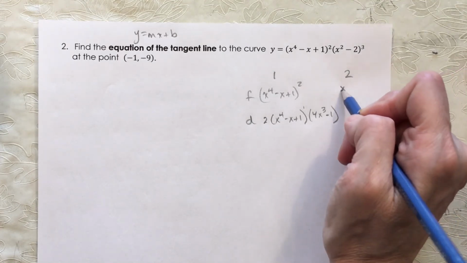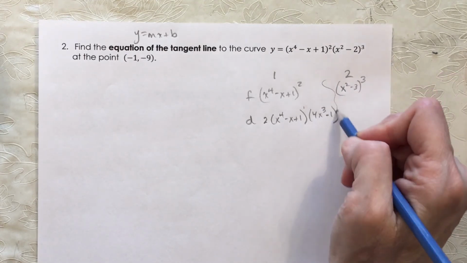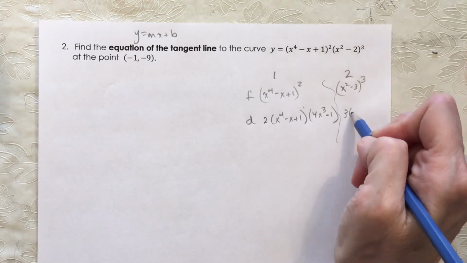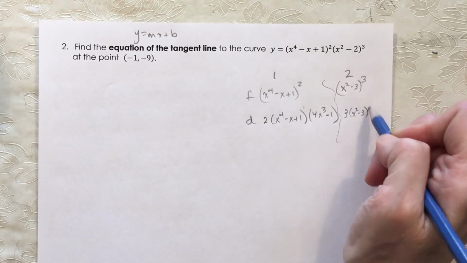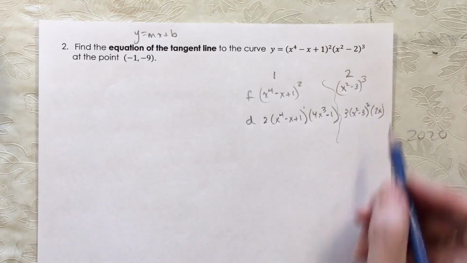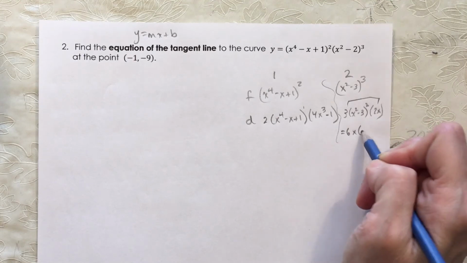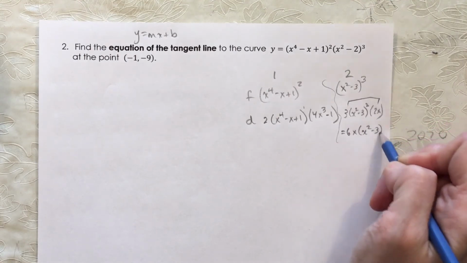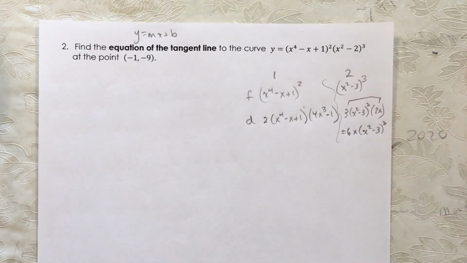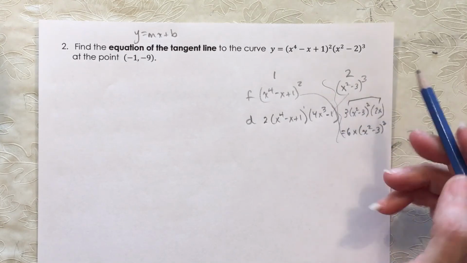And the second is (x squared minus 3) cubed. Derivative is going to be 3 times (x squared minus 3) squared times the inner derivative, which is 2x. Those can be multiplied to give 6x times (x squared minus 3) squared.